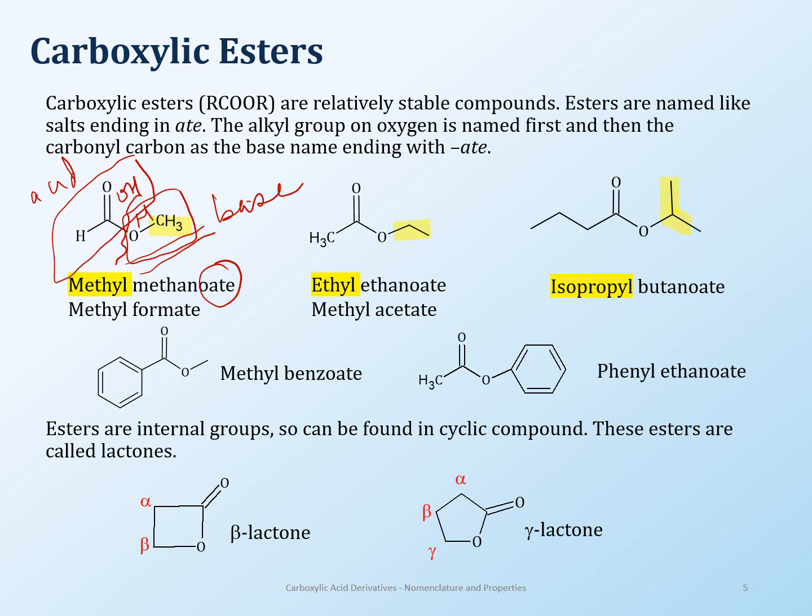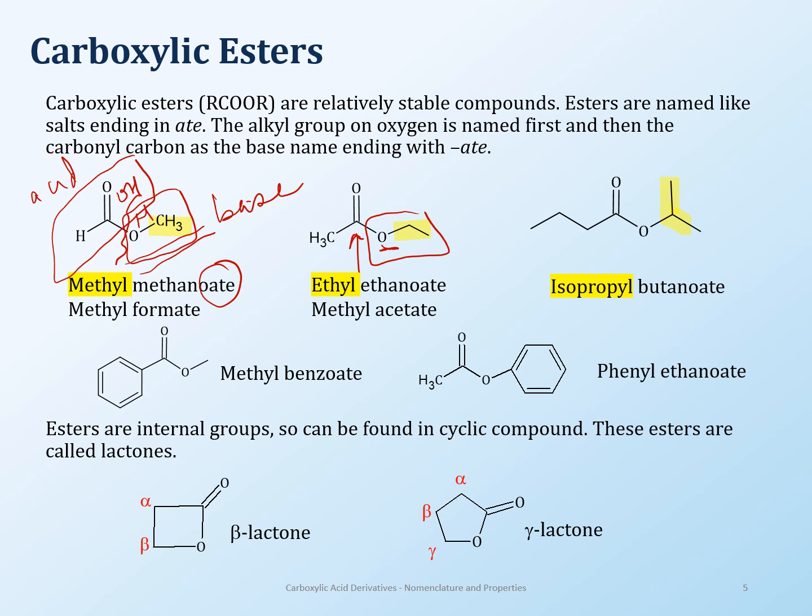Once you know this, you know what to look for. The carbonyl group is going to belong to the acid, whereas the oxygen group is going to belong to the alcohol. Whatever belongs to the alcohol, or to this oxygen, that's what you're going to name first. I've highlighted it here for you.